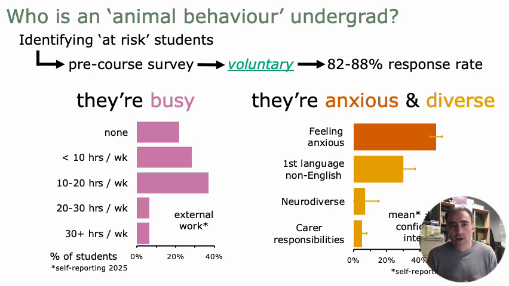Again, this will probably vary from institution to institution, but I suspect a large portion of your own students will also be coming from a non-English speaking background as well. Quite a few, roughly about 10% in every year, are self-identifying as neurodiverse, and they also have external carer responsibilities, an older family member that they might be looking after, or young children.